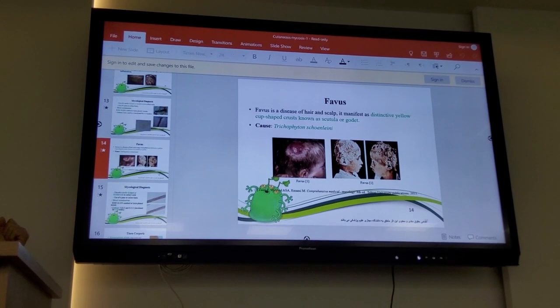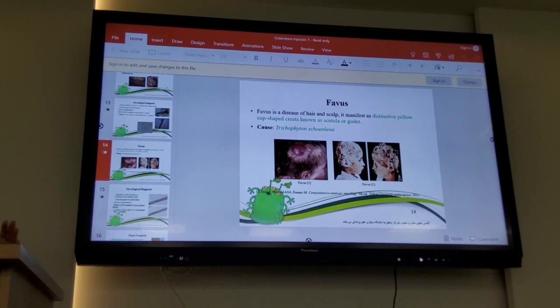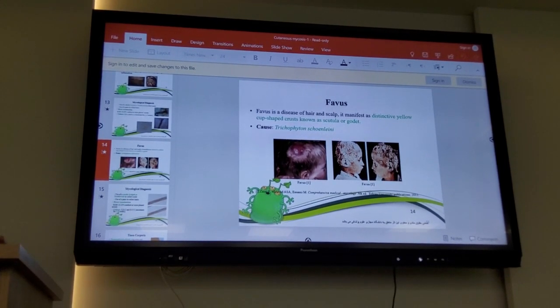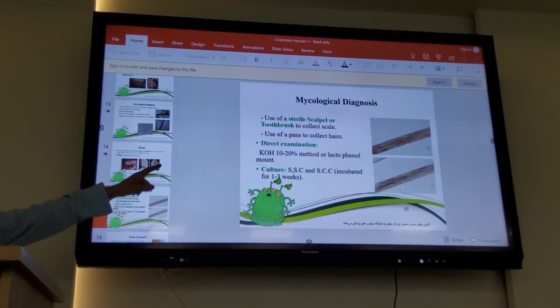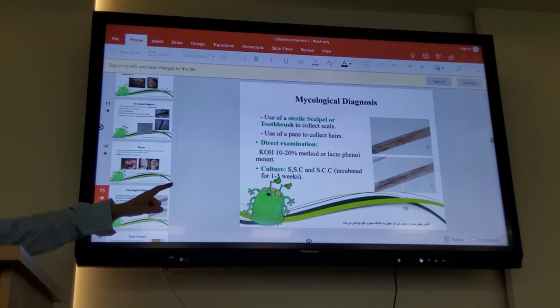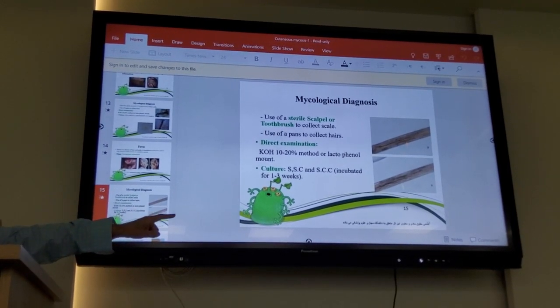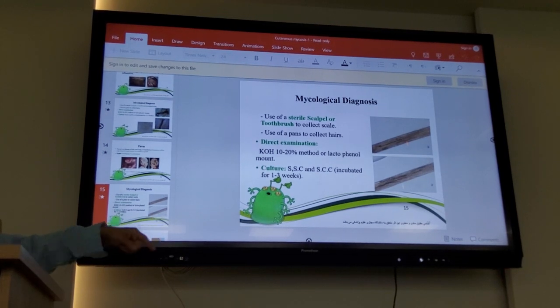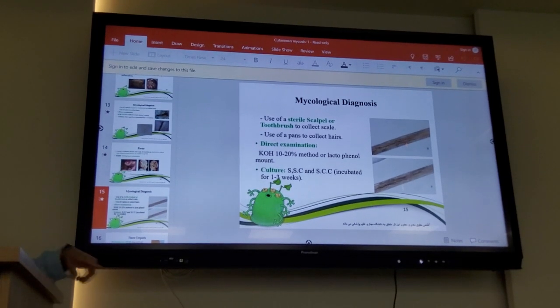In microscopic examination, after preparation of hair and scale, you must pay attention to the shape of the hair. If you see mycelium inside the hair, the diagnosis is favus.